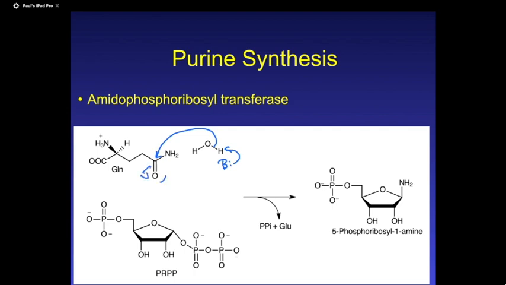Electrons will kick up, electrons will kick down, and an amine will be given off. And the rest of the reaction proceeds to create the beginnings of the base, the amine on the sugar. And so if you flip back, it says the amine, that nitrogen, comes from glutamine, and here it is.